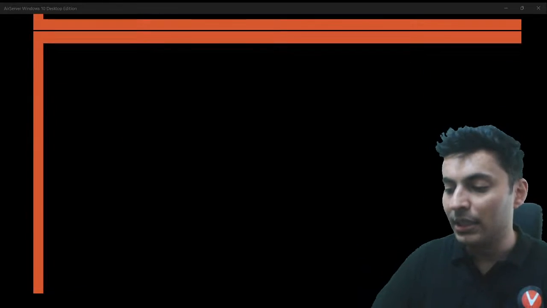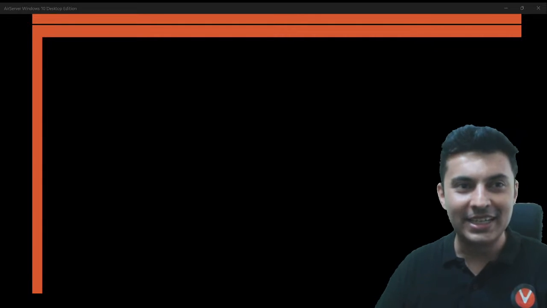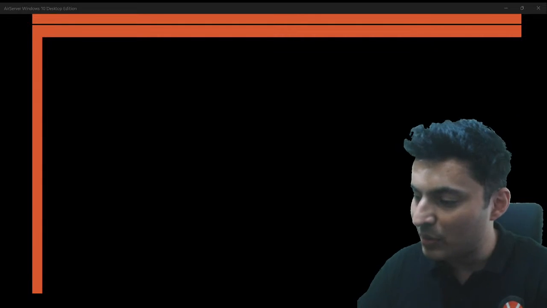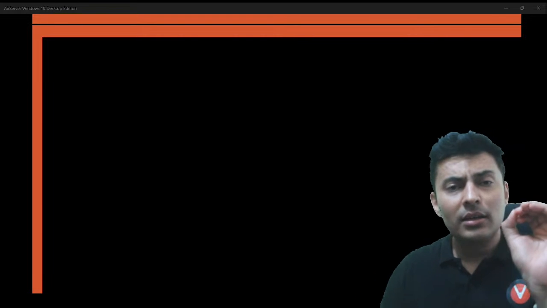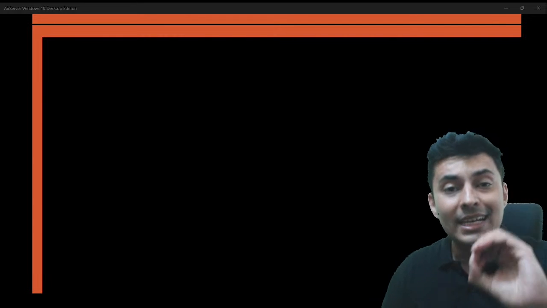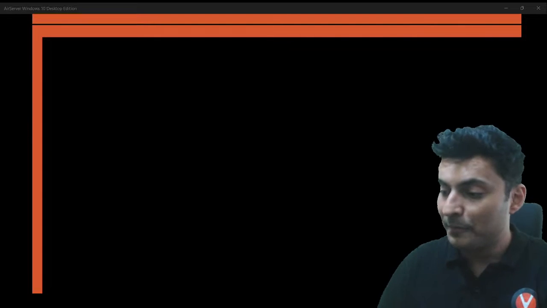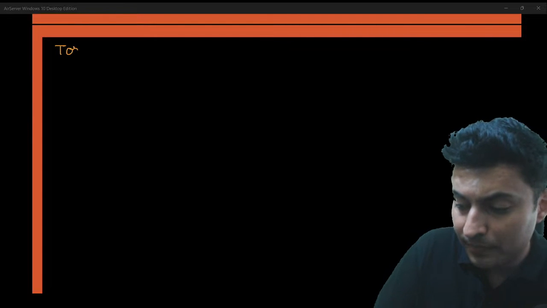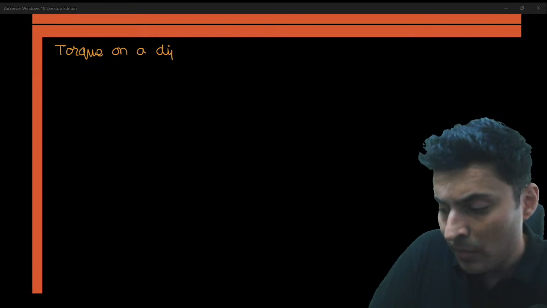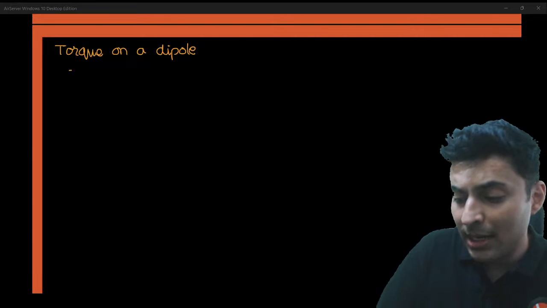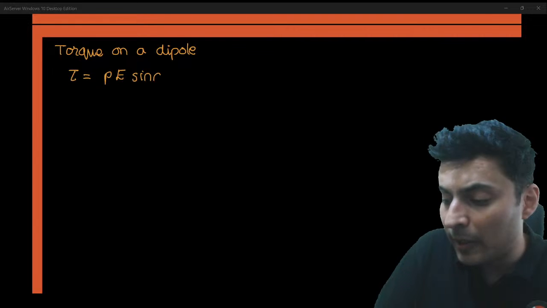Great. The next important graph with regards to electrostatics is for the torque or the energy on a dipole. Remember the formula for the torque on a dipole is PE sine theta.